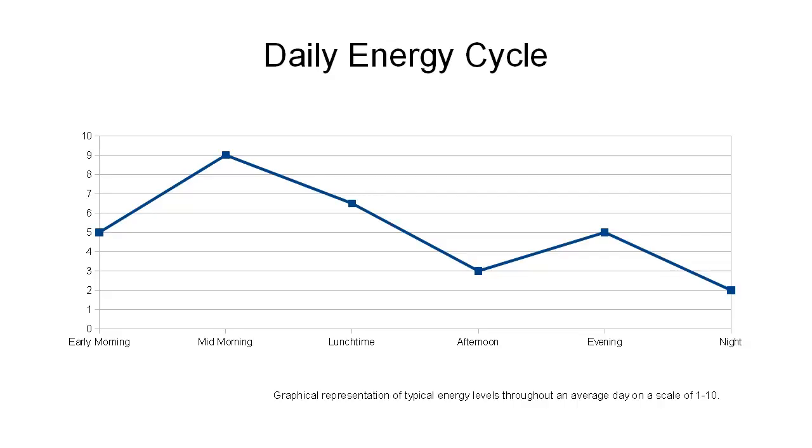Then they drop considerably, and you reach the lowest point in the middle of the afternoon generally. Then your energy levels will naturally start to rise again as you go into the evening, and then they'll drop off in the nighttime so that you can go to sleep and naturally recharge your batteries.